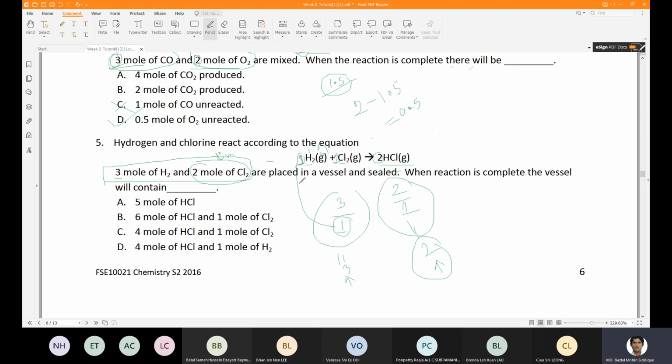This is the balanced ratio, or the coefficient. Whatever you want to call it doesn't matter, as long as you understand what the stoichiometric ratio is. So this number of moles divided by this stoichiometric ratio, and then we find the number of moles.